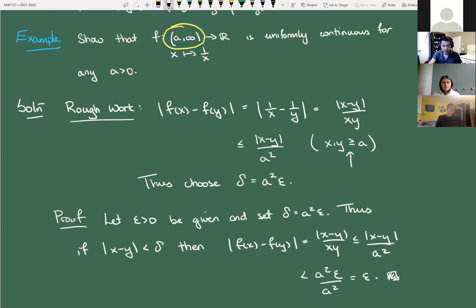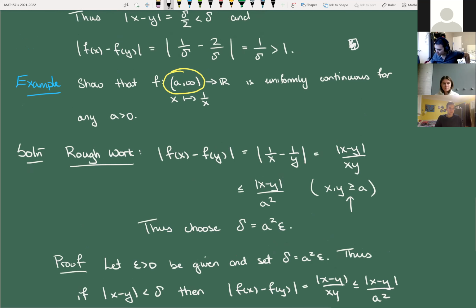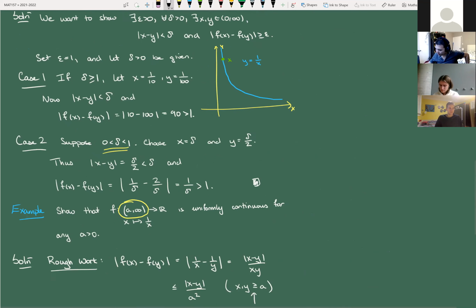And we can see this proof doesn't work if A is allowed to be 0, because I can't divide by 0. That's the issue here. Even from a geometric viewpoint, if you look at the function and you make some sort of cutoff here, so maybe I say this is A, and I cut it off there. The function grows fastest at A. That is where the function has the steepest slope.